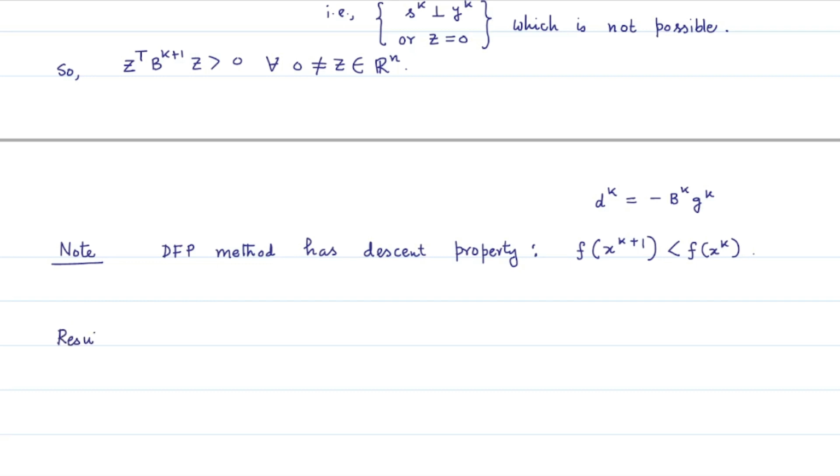We have an affirmative result that the DFP method has the quadratic termination property. That is, the DFP method terminates within n iterations for a positive definite quadratic function.